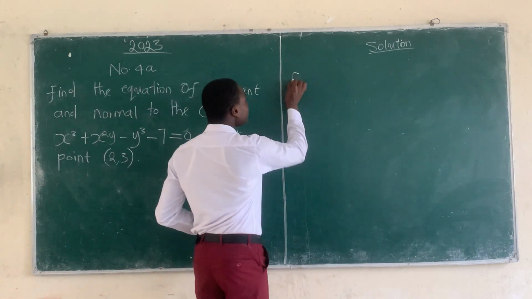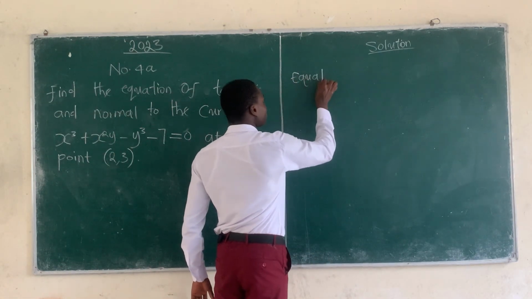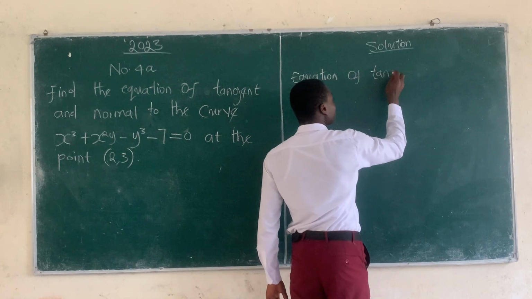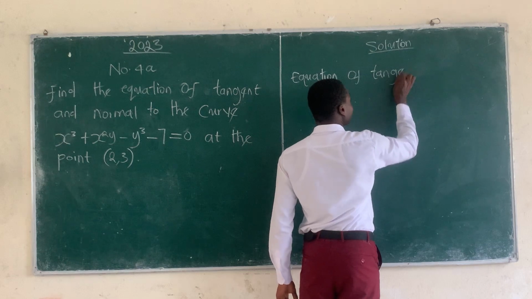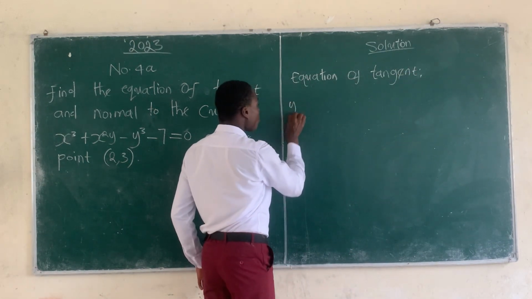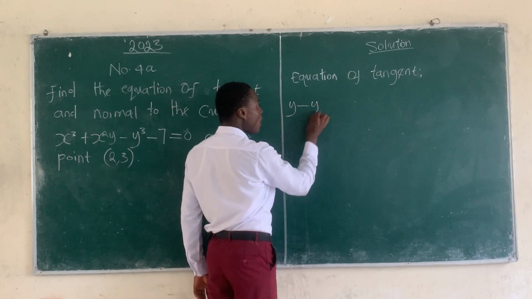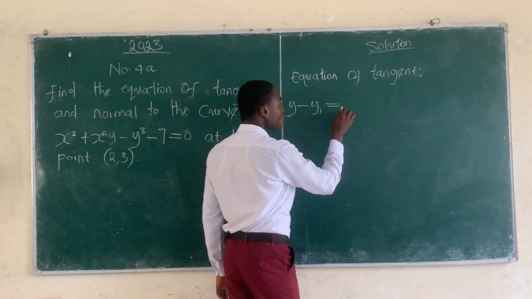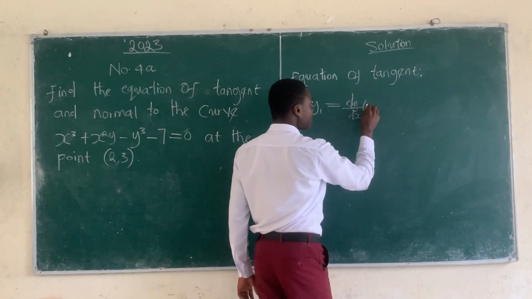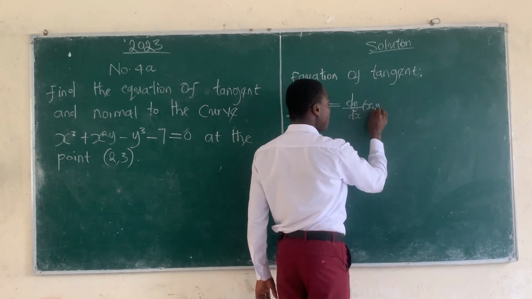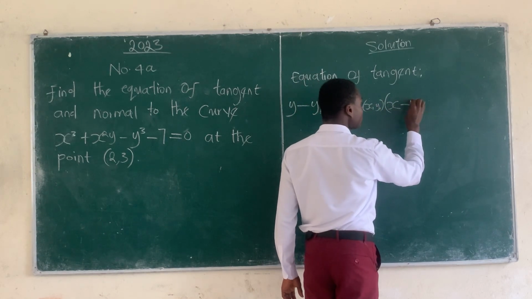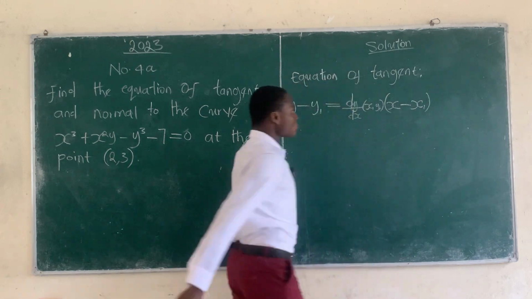So take note, the equation of tangent is given by y minus y1 equal to the derivative dy dx at x1 y1, into x minus x1.